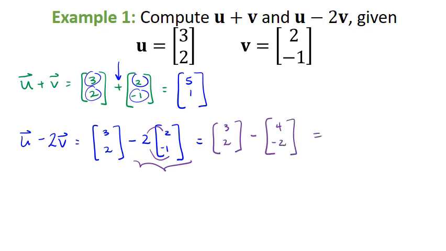And then I'm going to subtract. So it'll be 3 minus 4, giving me a negative 1 in my first entry, and then 2 minus a negative 2, which is a positive 4. I think you'll find that this is not super complicated.